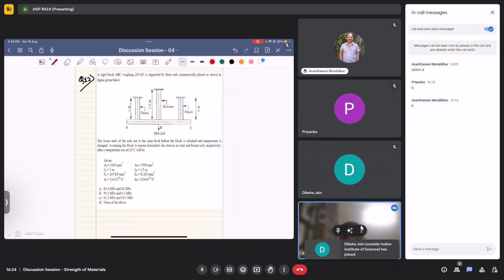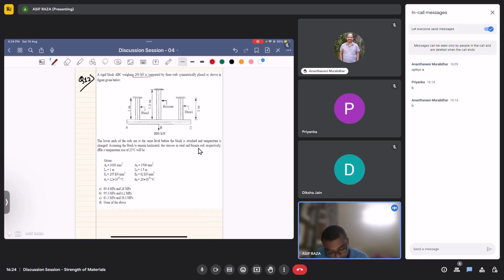So the question is: a rigid block ABC weighing 200 kilonewton is supported by three rods symmetrically placed as shown in the figure given below. The lower ends of the rods are at the same level before the block is attached and temperature is changed.